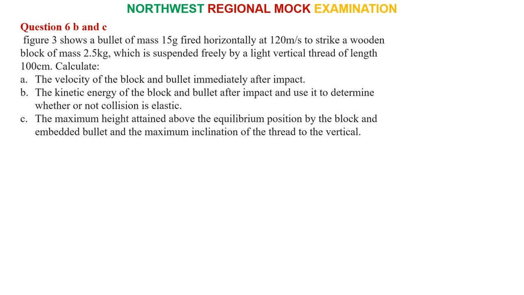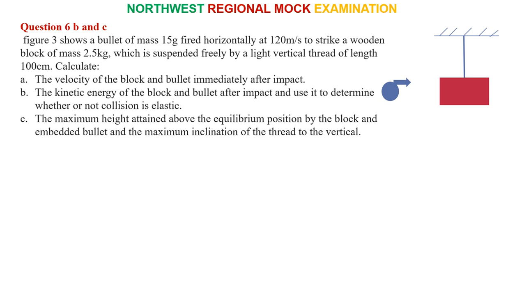Figure 3 shows a bullet of mass 15 grams fired horizontally at 120 meters per second to strike a wooden block of mass 2.5 kilogram, which is suspended freely by a light vertical thread of length 100 centimeters.